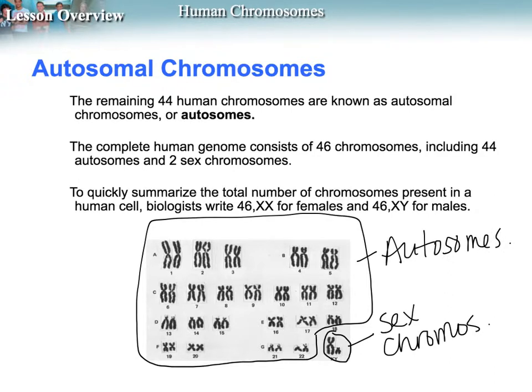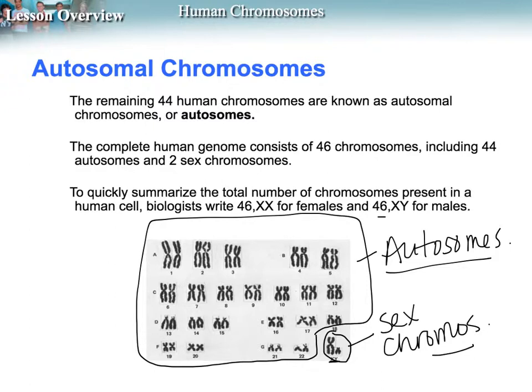Every single cell that is diploid and has 46 total chromosomes is going to have sex chromosomes as the final pair. Again, here this is showing XY, so that's going to be a guy. If it was a female, we'd see 2 of the same size. There'd be 2 X's.